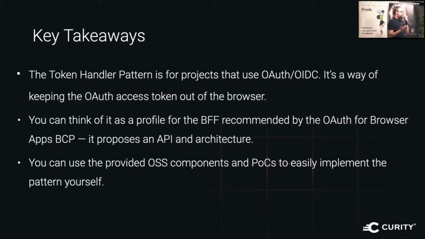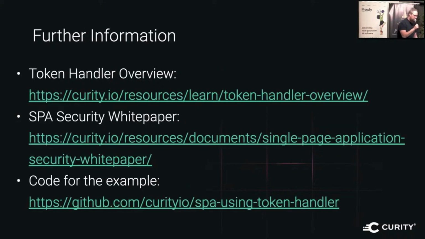In the pattern we propose an architecture and an API that you can use in your projects. And we also created open source components and POCs for a few different common API gateways. So, for example, we created some Lambda functions for Cloudflare, or configuration for Microsoft Azure that you can use to implement this pattern easily. And if you want to read more, there are articles on our website about the whole pattern and how it works.